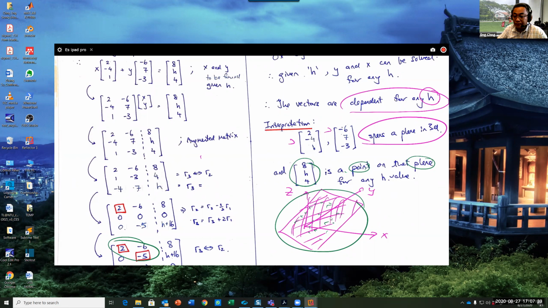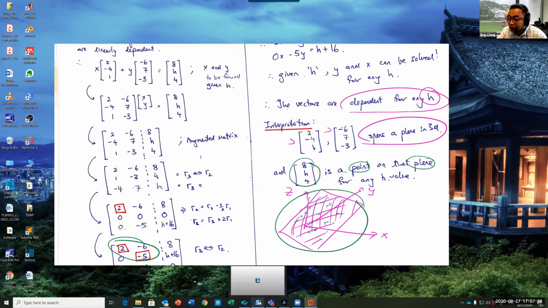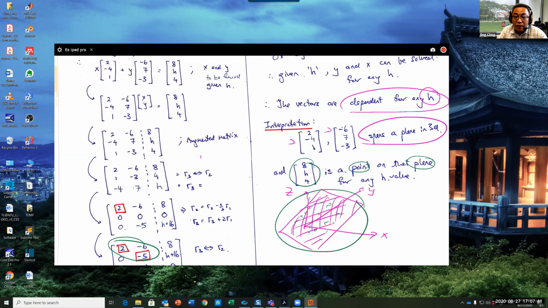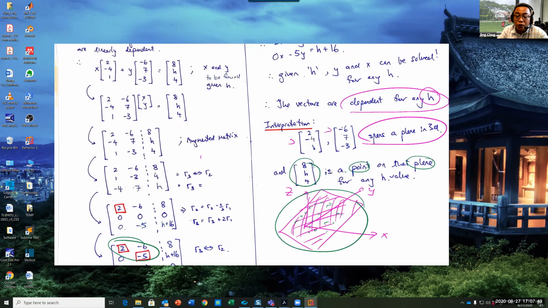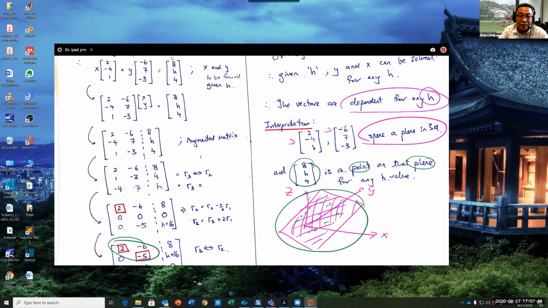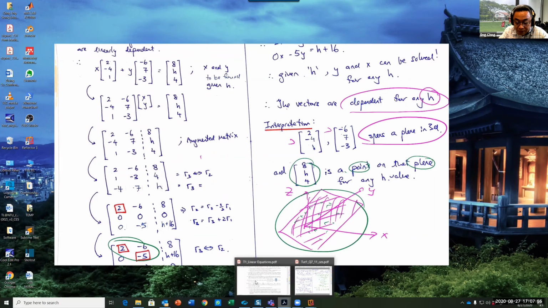Okay, any questions so far? No? Yes? Okay, chat: isn't the question asking if all three vectors are linearly dependent? Yes. So the question asks, are they linearly independent? No, I think no. Let me check.